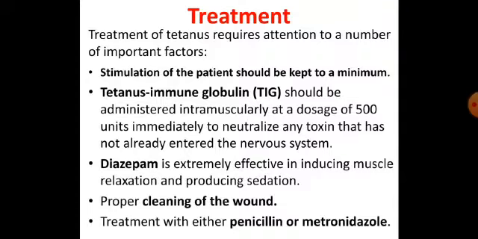Treatment of tetanus requires attention to a number of important factors. The stimulation of the patient should be kept to a minimum. Even the light of the room should be kept minimal.